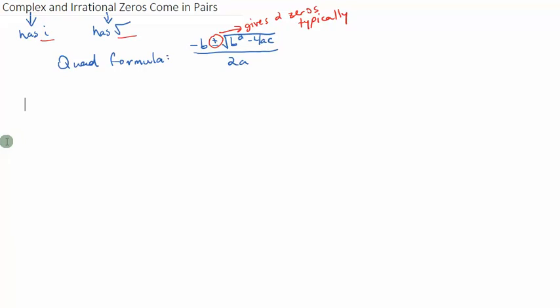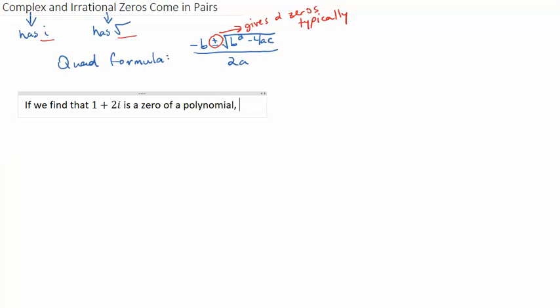So if we use the quadratic formula and we find that, let's say, the complex number 1 plus 2i is a zero of a polynomial, then you can imagine where that comes from.